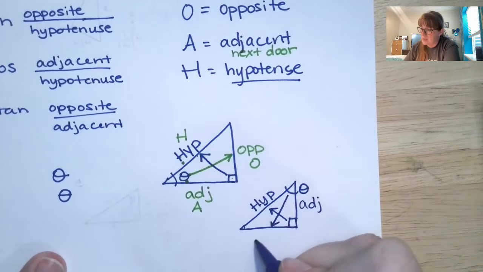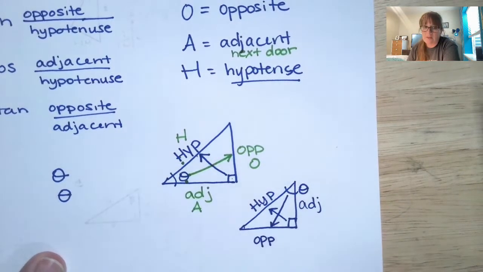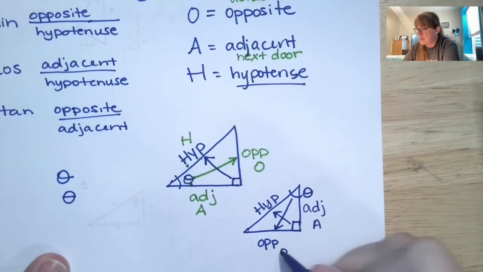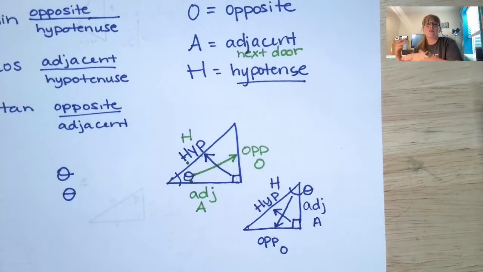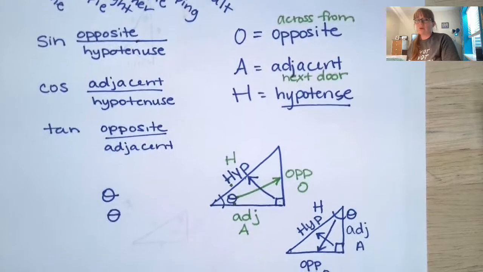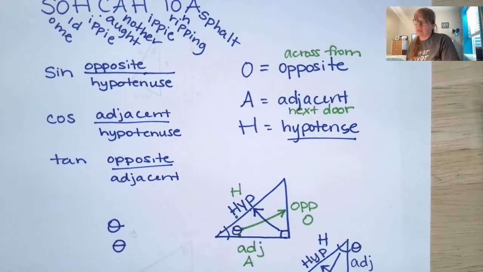And then opposite is all the way on the other side. Okay, so then this would be the A side, the O side, the H side. You don't have to label it the adjacent, the opposite, the hypotenuse. You can just do A, H, and O. Okay, all right, super important. Okay, memorize. SOHCAHTOA, O is opposite, A is adjacent, H is hypotenuse.